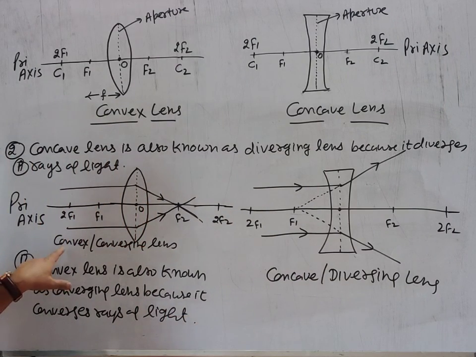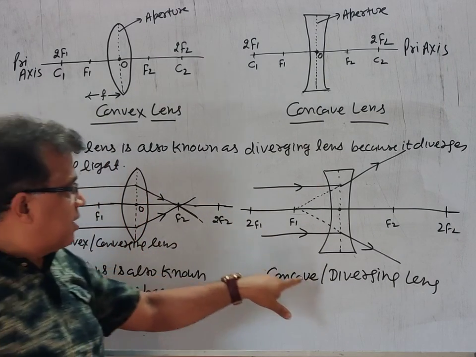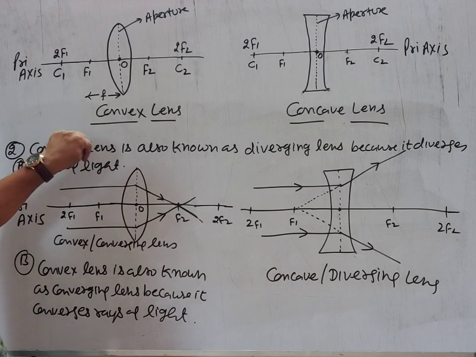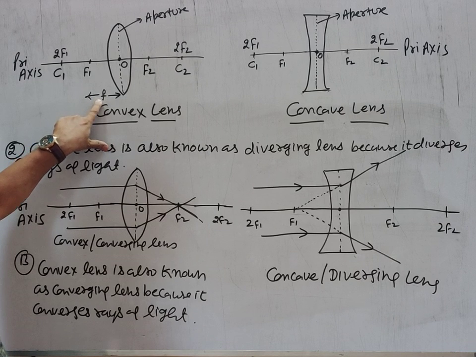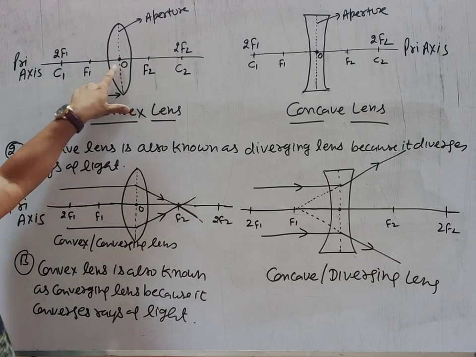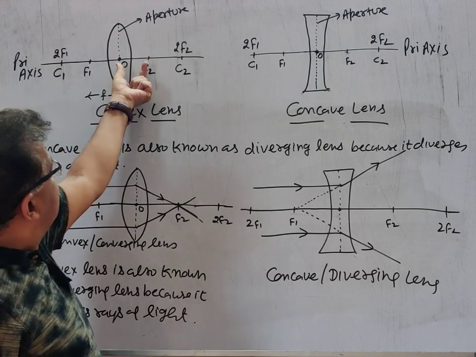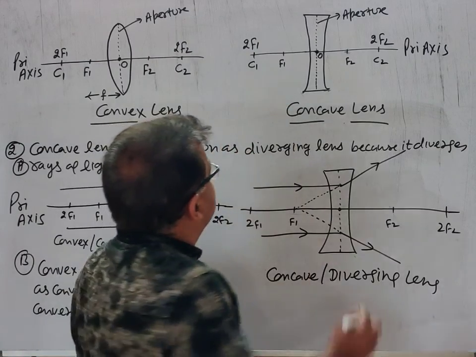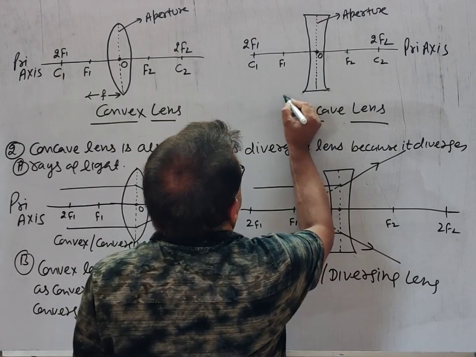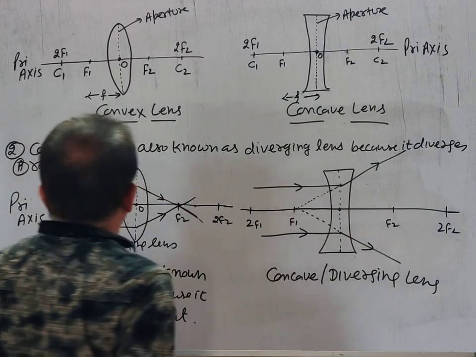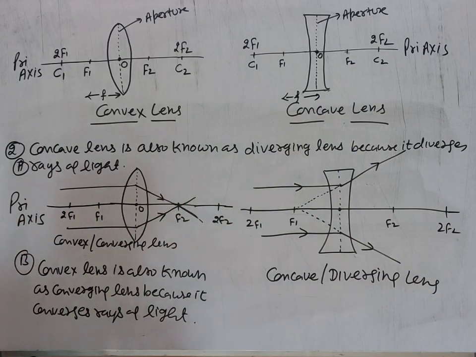Therefore convex lens is known as converging lens and concave lens is known as diverging lens. Then focal length, which is represented by small f. It is the distance between optical center and principal focus. This is focal length, it is also focal length. So these are the various terms.